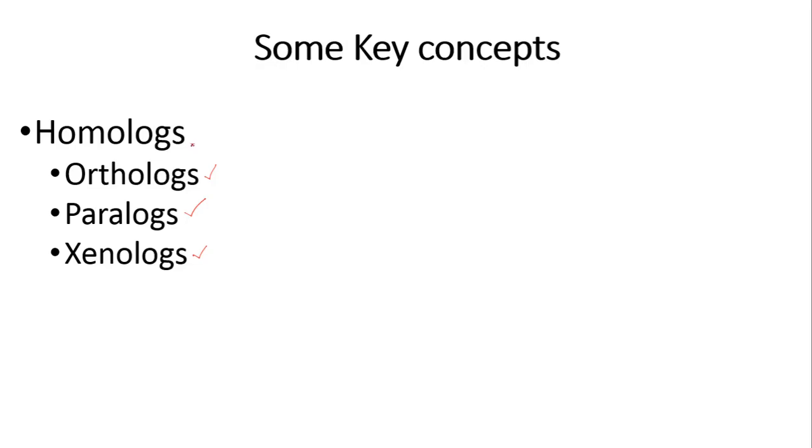Okay, so now let me introduce the concept of orthology or orthologs. Say, to begin with, you have some species A, and this species A contains a gene, which we would call an ancestral gene.